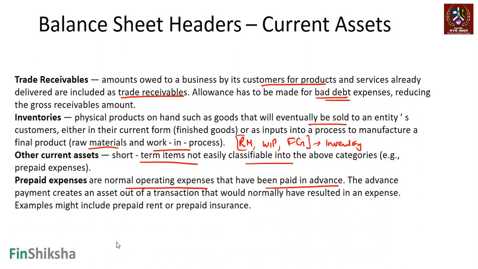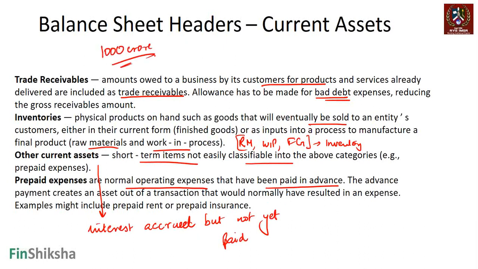Within these other current assets, you also include any kind of interest that has accrued to your bank account but not yet been paid, right? For example, let's say my bank account has 1000 crore and the interest is supposed to be paid on, let's say, 30th of April.